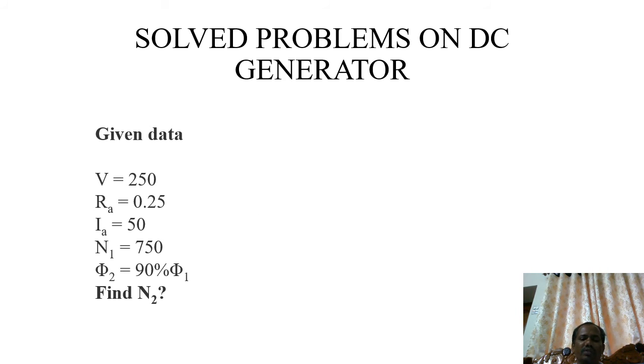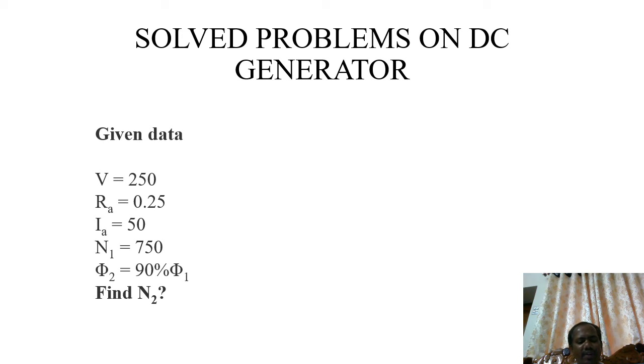All of you note the related problem that is given. Very simple data. Whether you assume it as a generator or motor, in whatever possible way, you can take the equation and substitute. V is equal to 250 volts is given. R_A is 0.25 ohms is given. I_A is equal to 50 ampere is given.